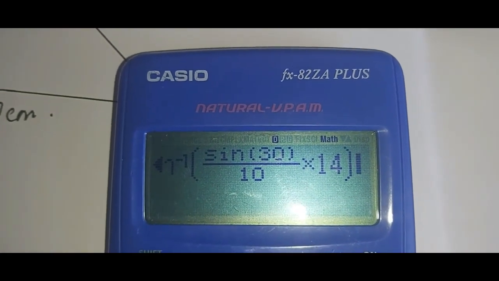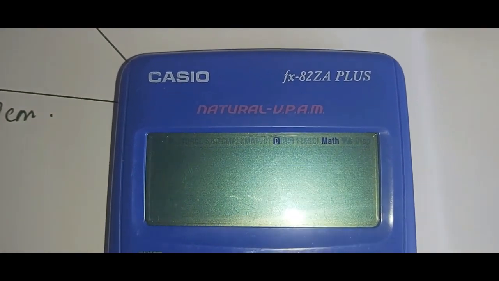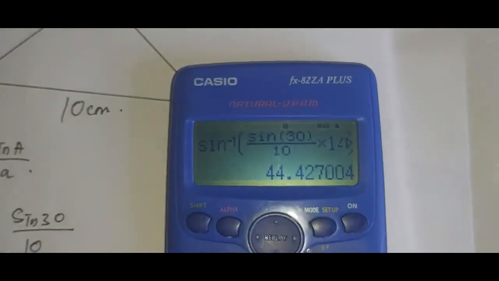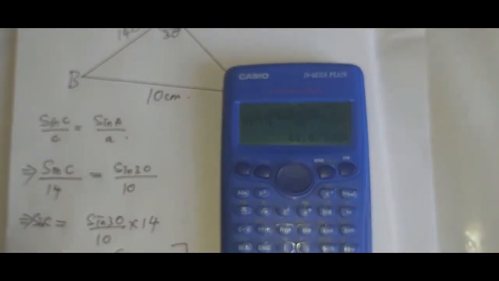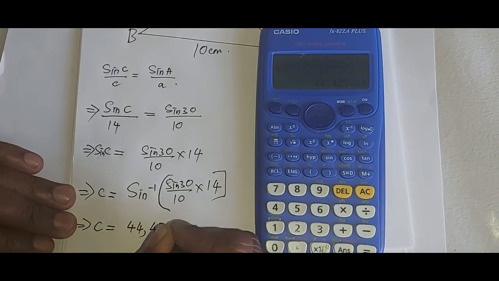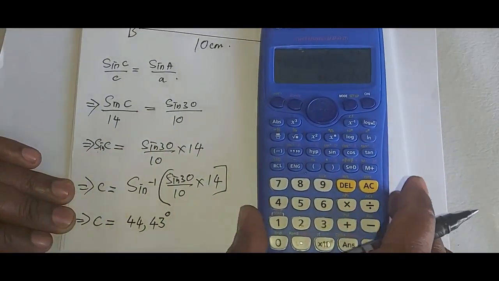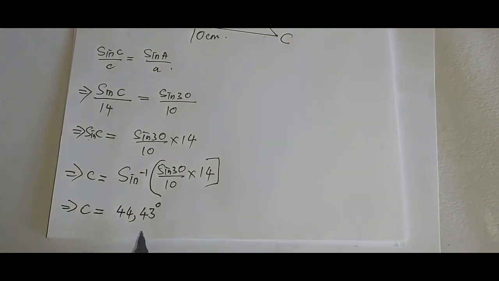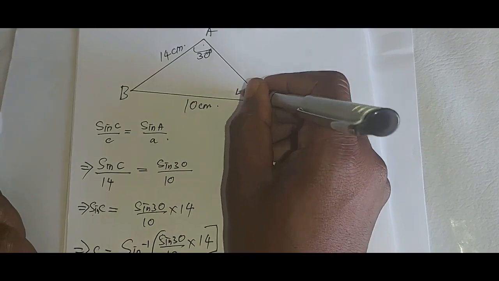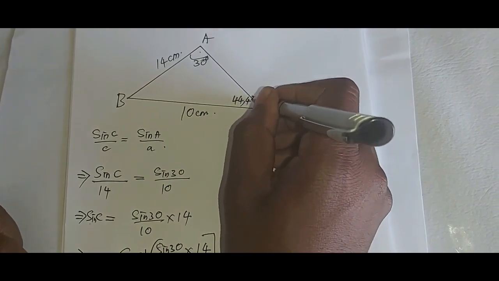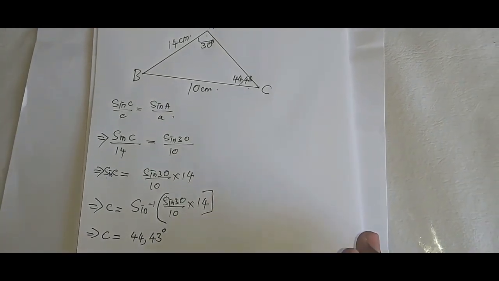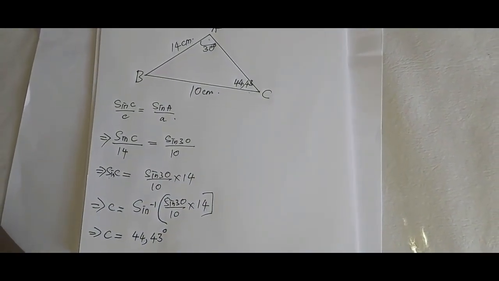Then, once off, to avoid rounding off, I press equals and I get my angle. So C is equal to 44.43 degrees. That is angle C, which becomes 44.43.